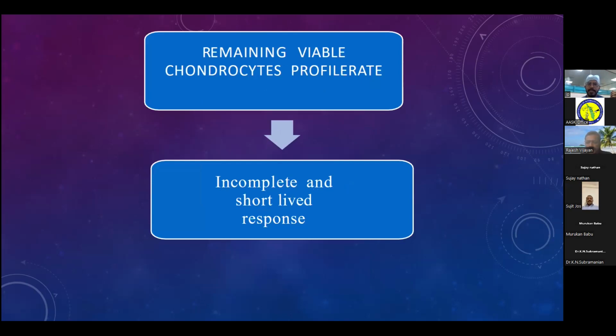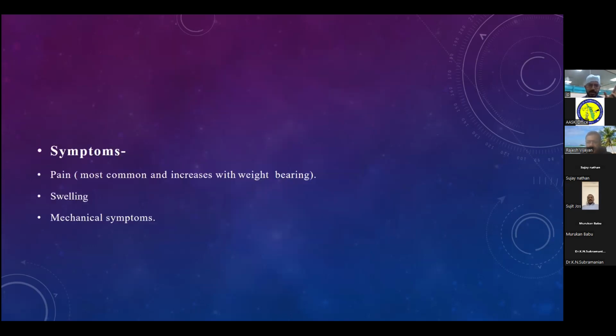Even if it proliferates and tries to form a fibrocartilaginous structure, it gives an incomplete and short-lived response. The symptoms are mostly pain, most commonly increased with weight bearing, swelling, and mechanical symptoms.